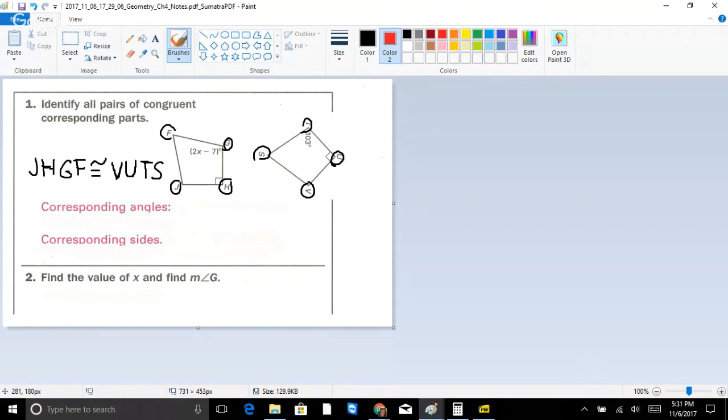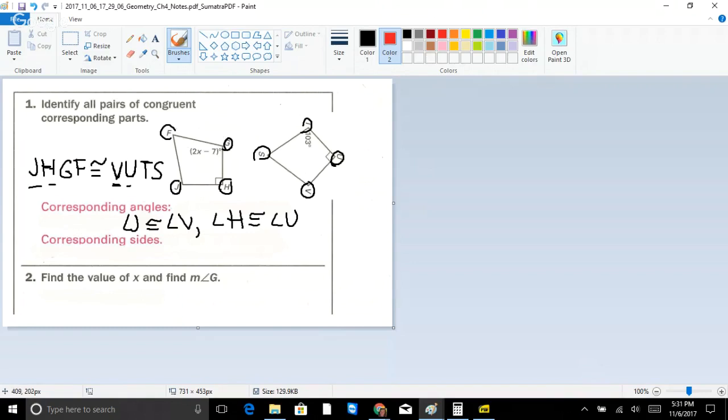Now, I could sit there and tell you all the corresponding angles by looking again and doing the same thing, or I just know that angle J is congruent to angle V because they're in the same spot. And I know that angle H is congruent to angle U because they're in the same spot in my correspondence statement.